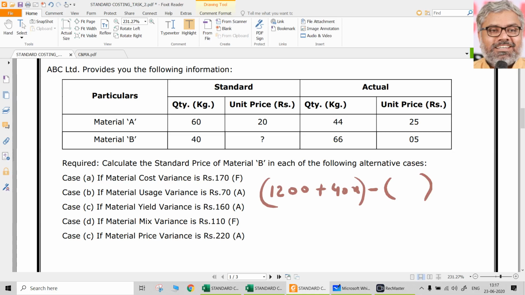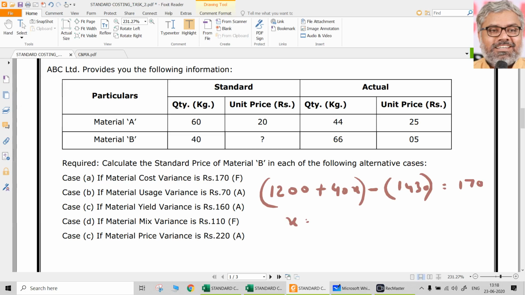AQAP how much? 44 into 25, 66 into 5. That was 1430. So minus of 1430. That is equal to 170 favorable, means positive 170. That's all. Then what is X? That has to be computed like this.